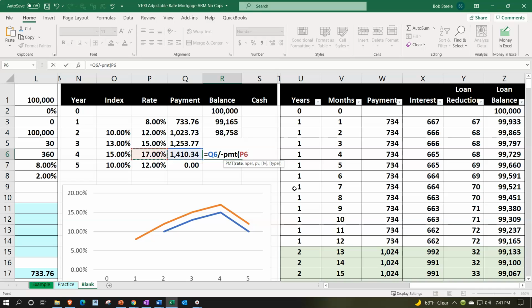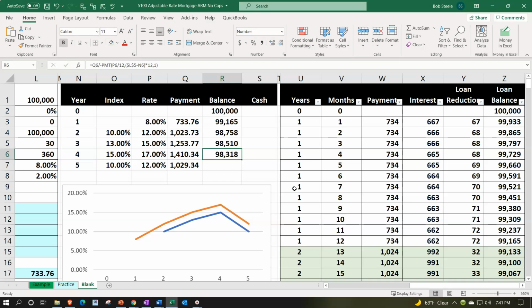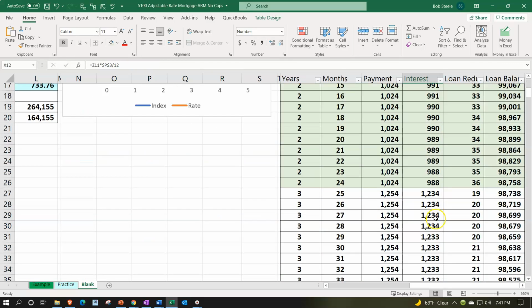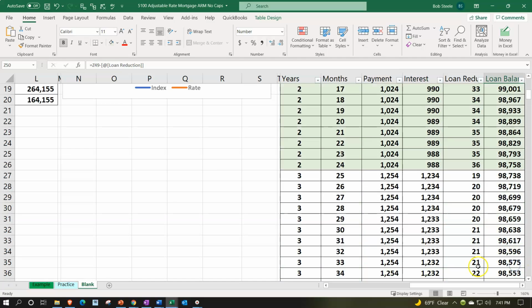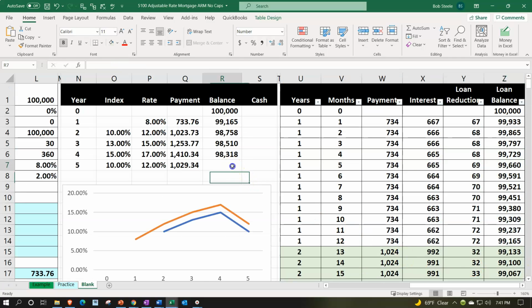The rate 17 divided by 12, comma, number of periods is now going to be brackets 30, which I'm going to make absolute if I wanted to copy it down, then minus the 4, closing the brackets, multiplying times 12, then comma, and present value, not the prior balance, but 1. And I can close up the bracket so it doesn't ding me. 98,310, let's check that at the end of year 4. 98,310, let's do it 1 more time, and then we'll copy it down.